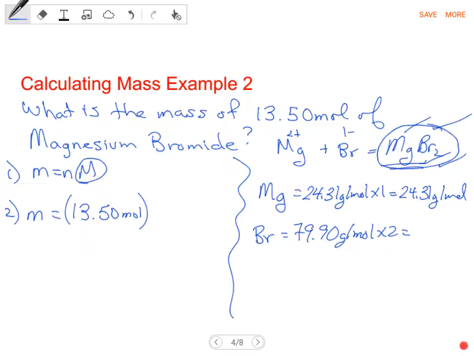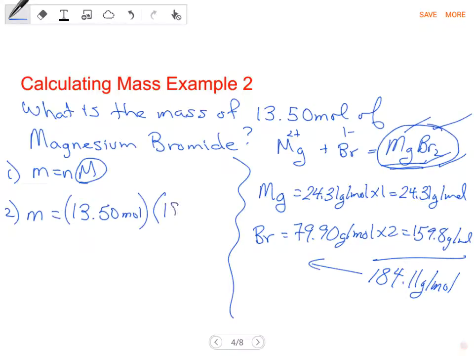So that's going to give us a total of 159.8 grams per mole for a grand total of 184.11 grams per mole. That value can now be inputted into our formula with units. Now we'll do our calculation.